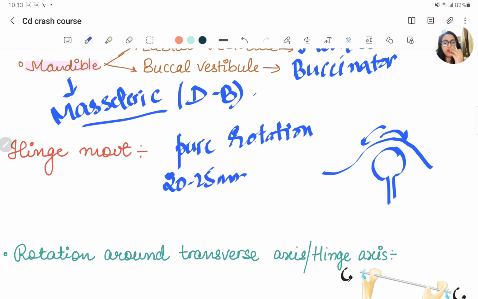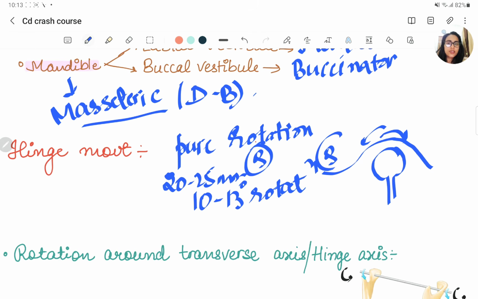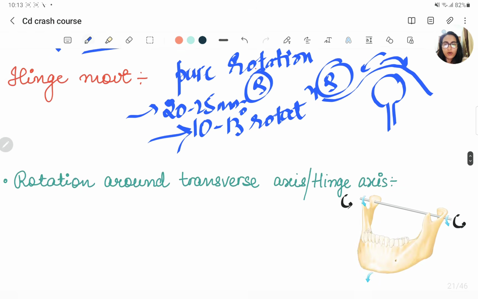And in this movement, the rotation of the condyle is 10 to 13 degrees. So they ask such questions: hinge movement or pure rotation is from 20 to 25 millimeter of mouth opening, and the rotation is 10 to 13 degrees of the condyle.